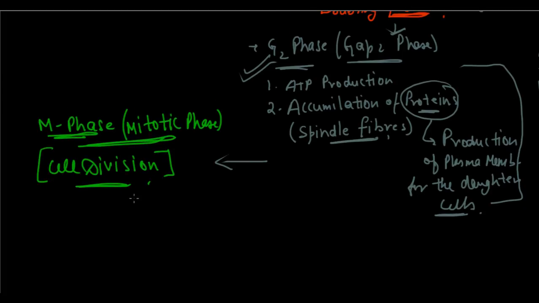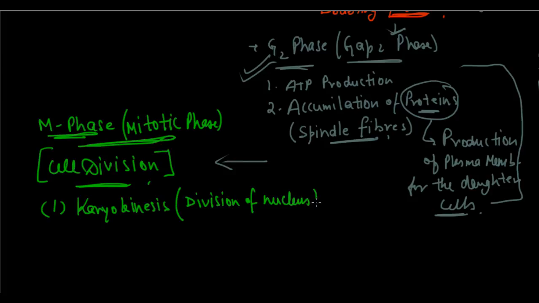There are two steps involved in the M phase. The first step is the division of the nucleus, the karyokinesis.